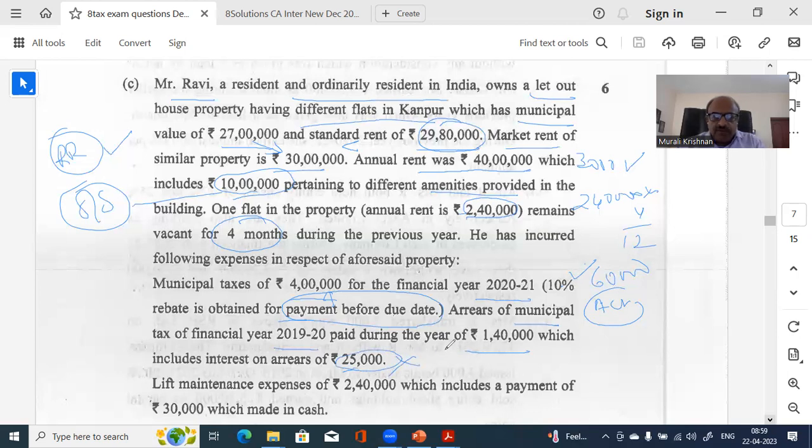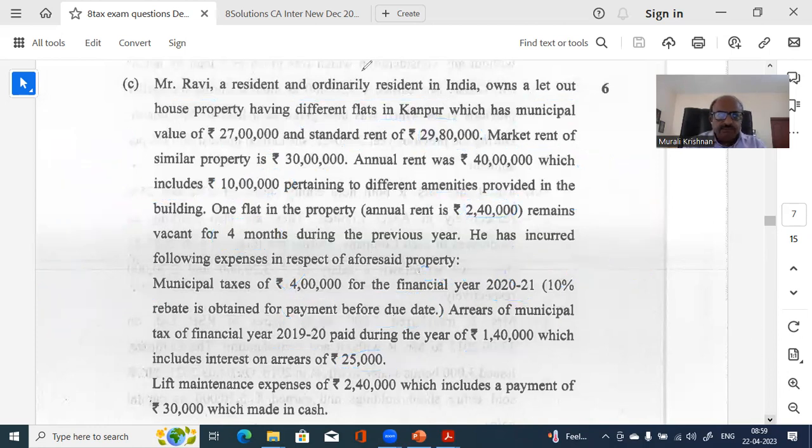But for the previous year, whatever is paid in the current year will be allowed because municipal tax is deductible only on payment. Therefore, he can claim 4 lakhs minus 10%, 3 lakh 60,000, plus 1 lakh 40 minus 25. The 25 will not be available. So total municipal tax is 3 lakh 60 plus this amount, that is 1 lakh 15 or something like that.